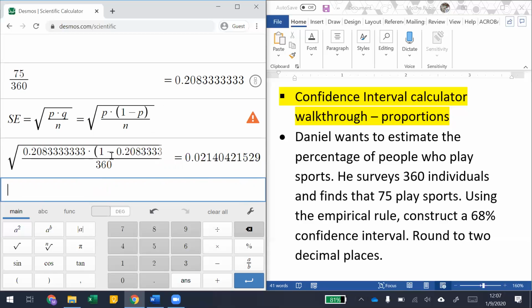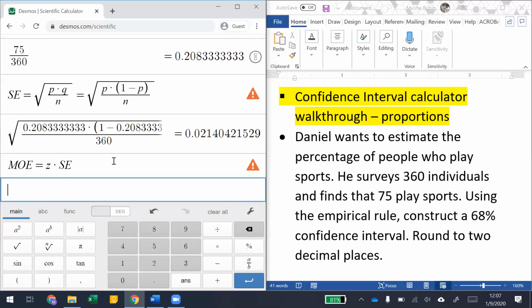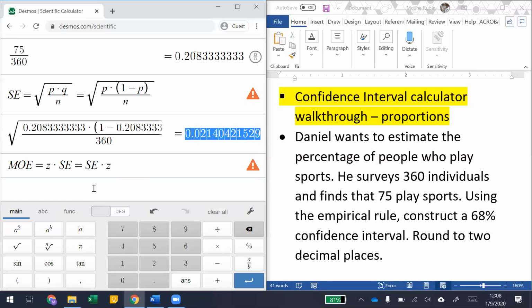error. The next thing I have to do is find my margin of error, which is the same thing as error bound margin, sometimes written both ways. My margin of error is the Z that I have to use times my standard error, which is the same thing as standard error times Z. So I'm going to do it that way because I already have my standard error done right here.